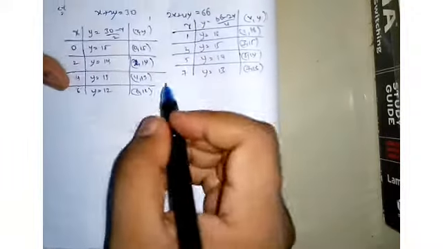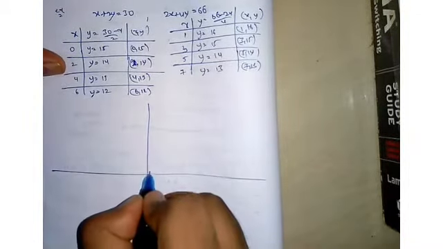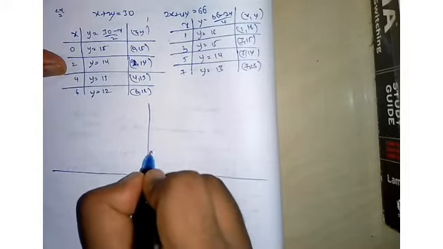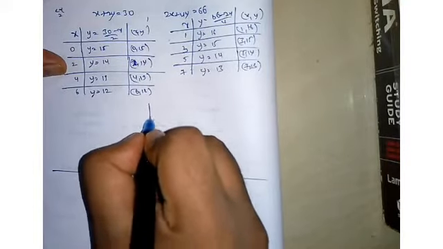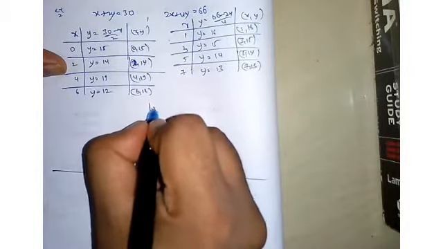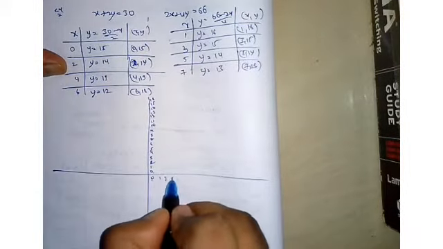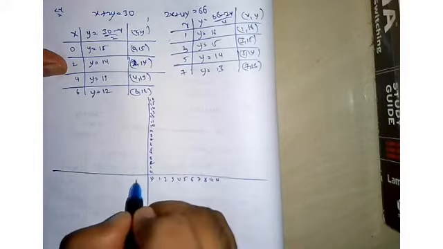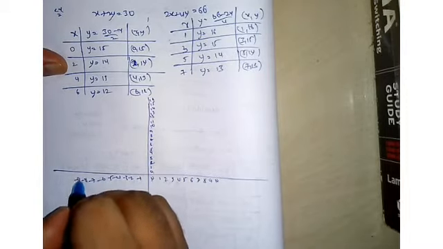Now let's plot these points on the graph. 0, 1, 2, 3, 4, 5, 6, 7, 8, 9, 10, 11, 12, 13, 14, 15, 16. 0, 1, 2, 3, 4, 5, 6, 7, 8, 10. Minus 1, minus 2, minus 3, minus 4, minus 5, minus 6, minus 7, minus 8, minus 9.